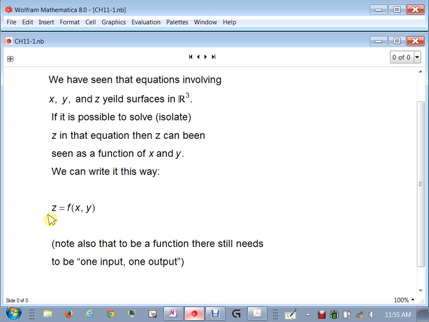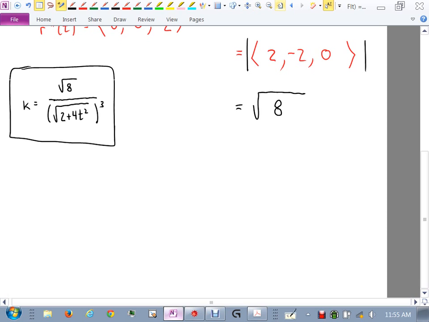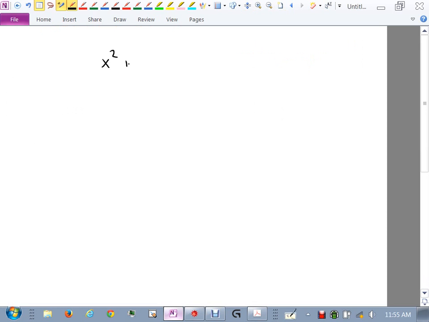Note also that to be a function, there still needs to be one input, one output. So I'm going to step away from this just for a second, give you something here. x squared plus y squared plus z squared equals 1. What does that draw? Unit sphere, sphere of radius 1, centered at the origin, right? Can you solve this for z?